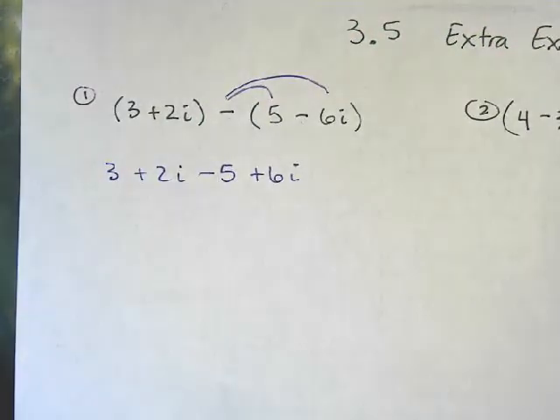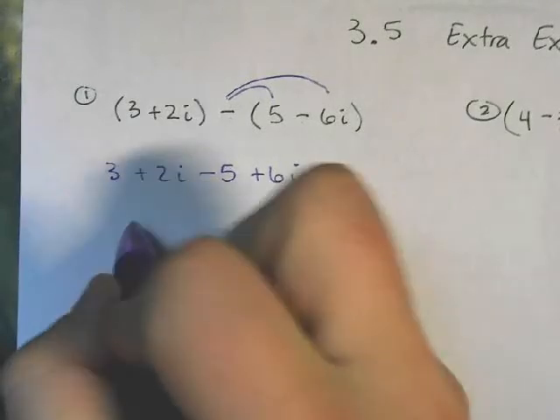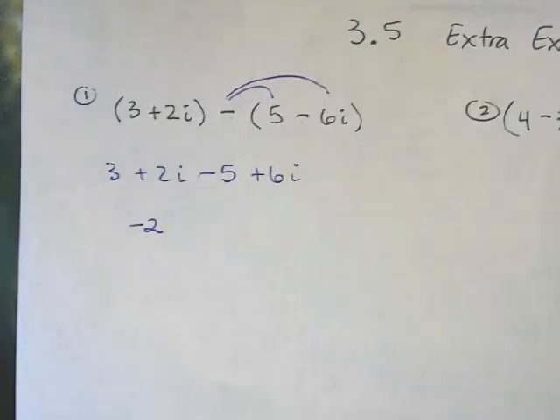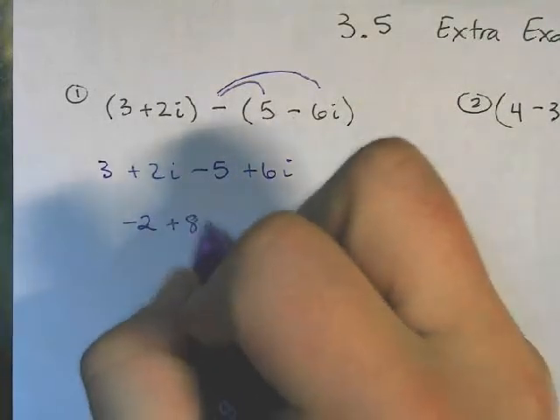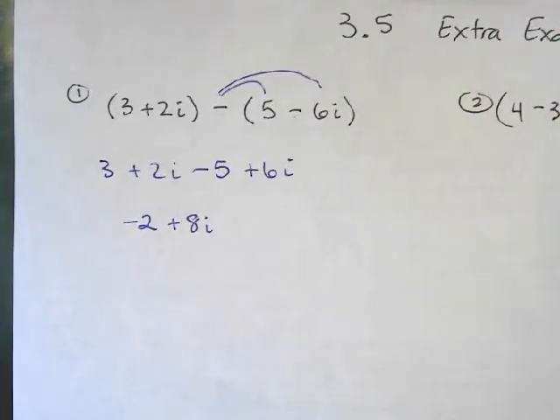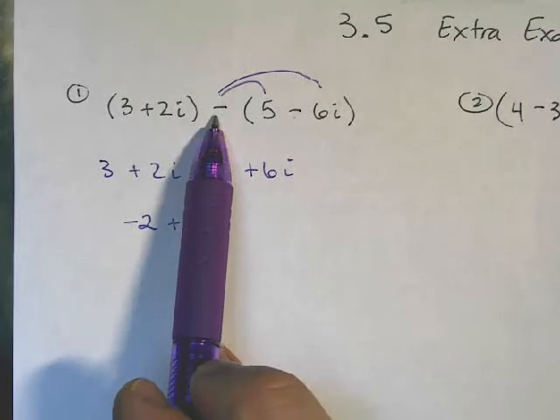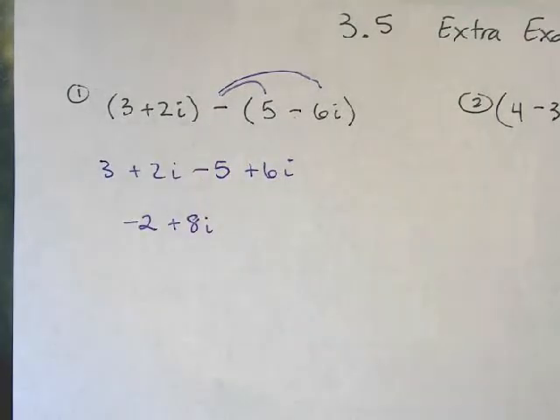Now we just combine like terms. 3 minus 5 is negative 2, and then 2i plus 6i is plus 8i. So anytime there's a minus in the middle, we'll distribute that, and then we're just combining like terms.